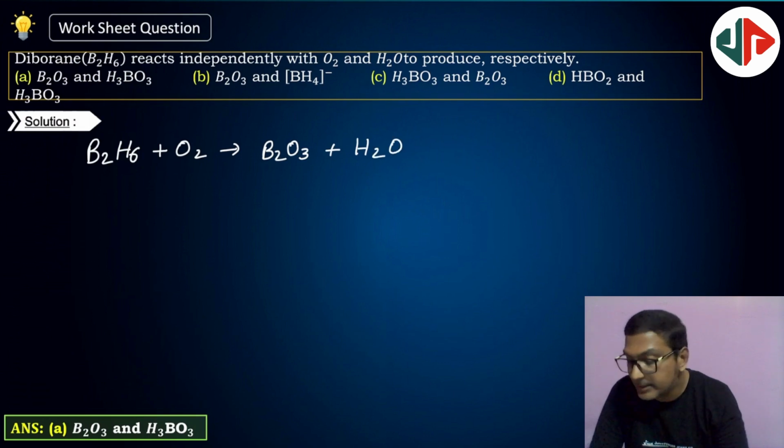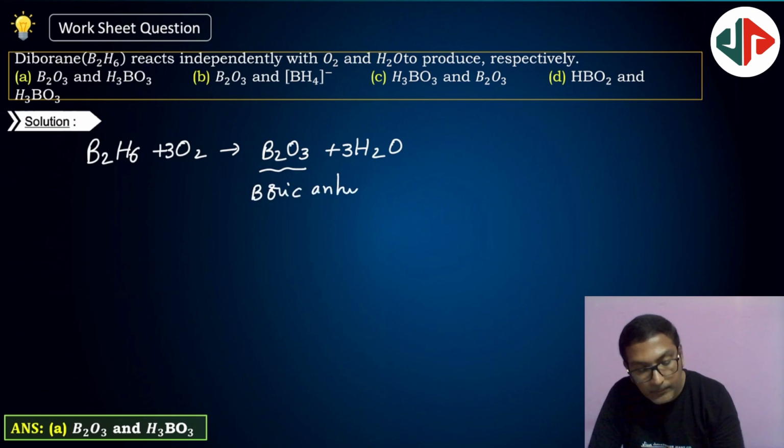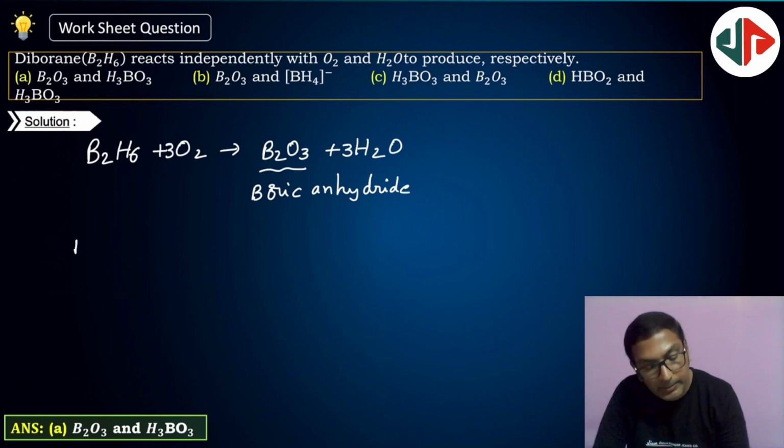So balance this reaction. Here 3O2, here 3H2O, B2O3 boric anhydride. Next, B2H6 again reacts with water to produce.